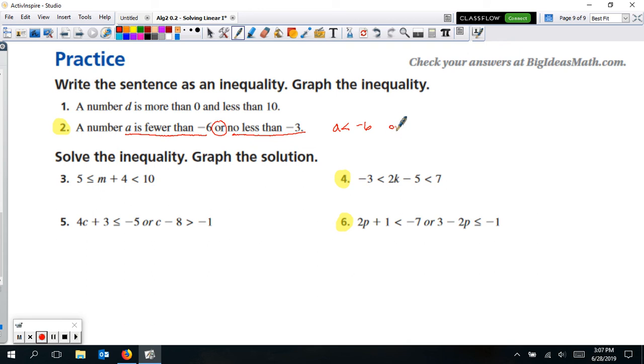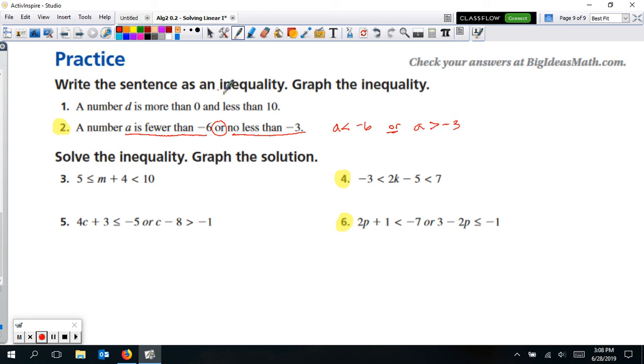And then you want to use the or word in there, and then you can say A again is no less than. So that means it's greater. If it's no less, the opposite would be it's greater than. So A is greater than negative 3.